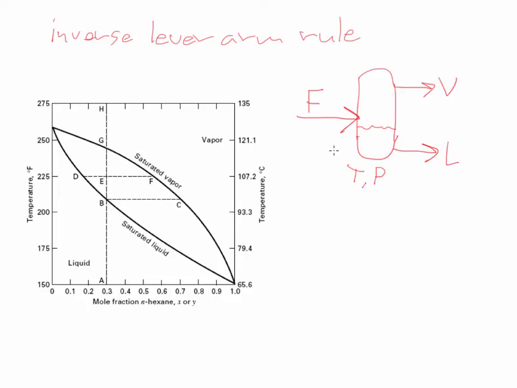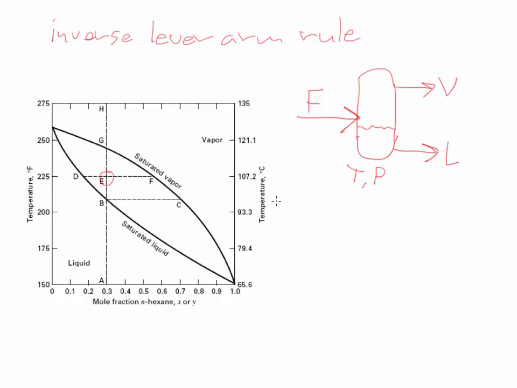Okay, so what the inverse lever arm allows us to do is calculate this flow rate V and this flow rate L as fractions of the flow rate F on the basis of where the points are located on the TXY diagram. So let's say, for example, that we're working at the point E on the TXY diagram. So we've taken this liquid that's 30% hexane, brought it up to point E at a temperature of 225.